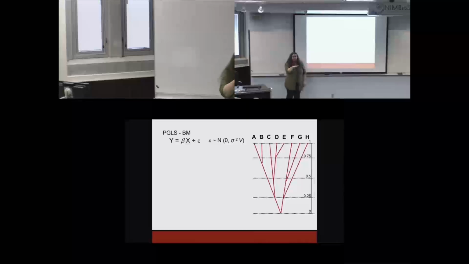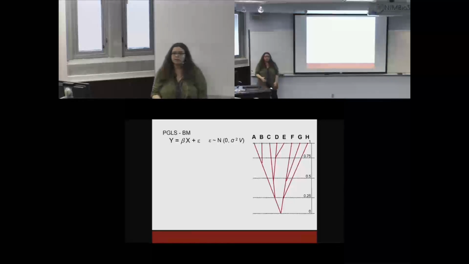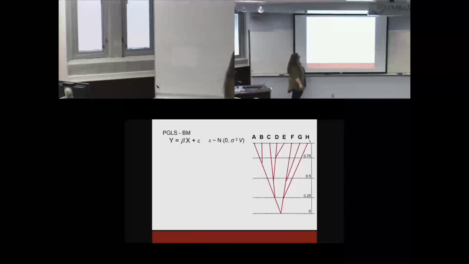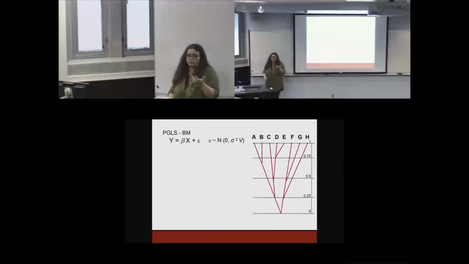So I know yesterday you were talking about contrast in sort of a likelihood framework. I want to put it into the generalized least squares framework, the regression framework here. So it's the same model, right? We still have y equals beta x plus e, and we're still assuming something about the residuals. They're normally distributed. They have a mean of 0. But what we do is we put this V matrix over there in the variance, which incorporates the phylogeny.